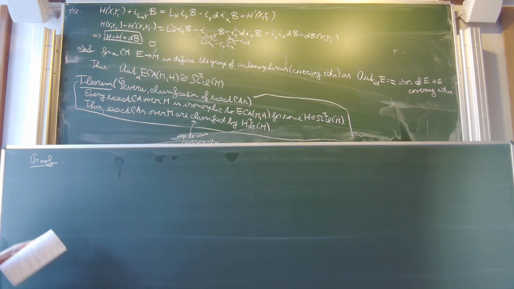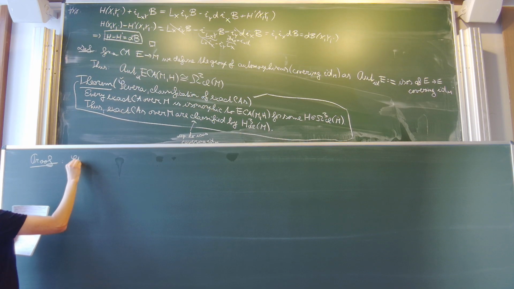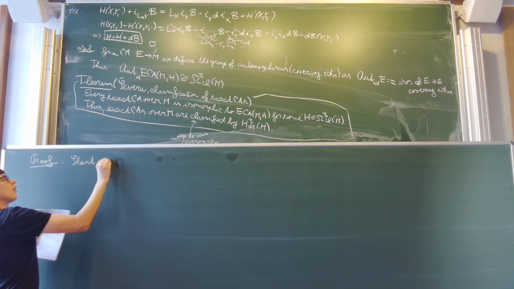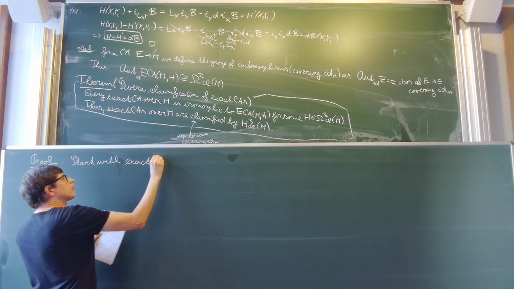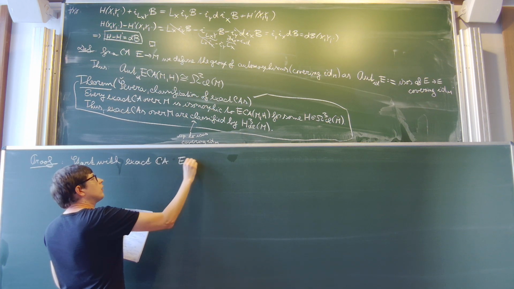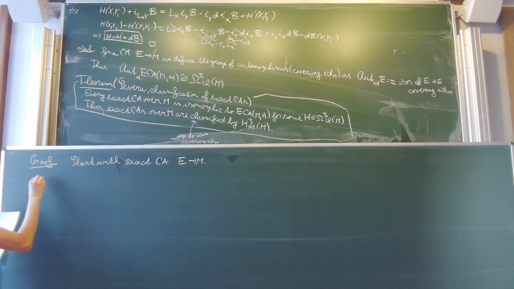A little bit maybe longer than the previous proof, but also quite nice. So, okay, is the statement clear? Good. Okay, so let's say we start with a given abstract exact Courant algebroid, E over M. So there are several parts to the proof.